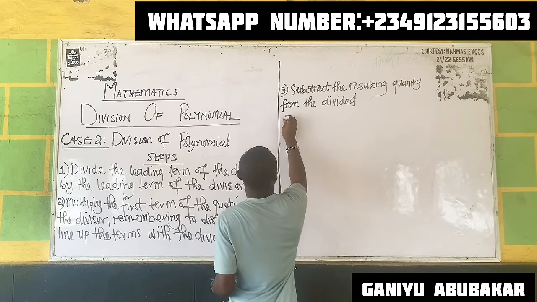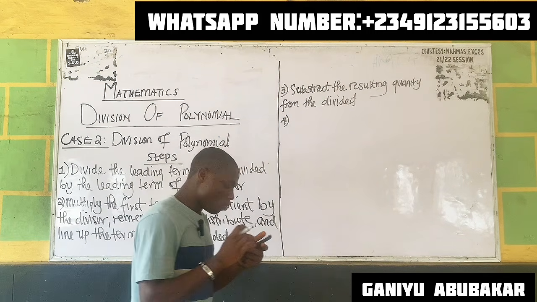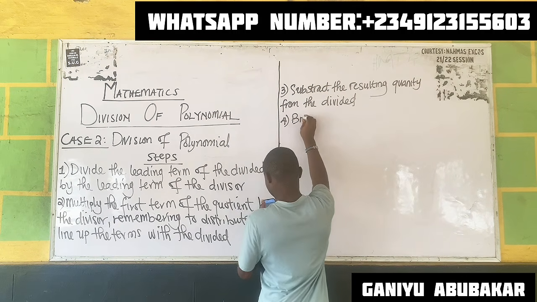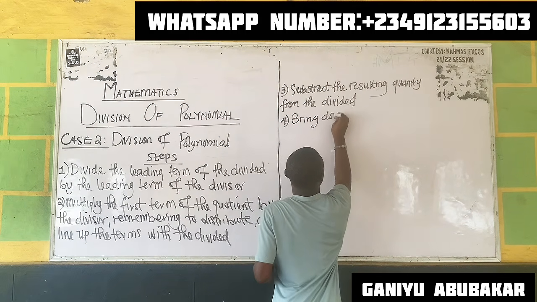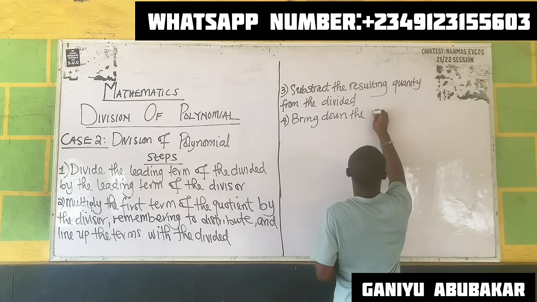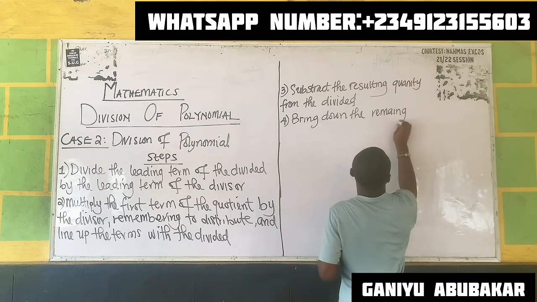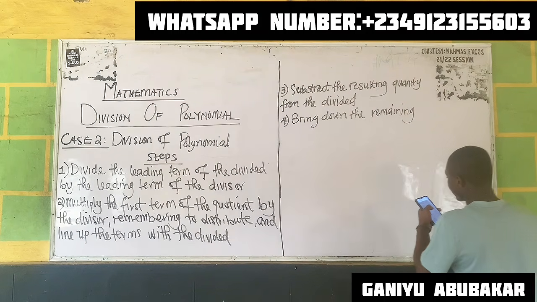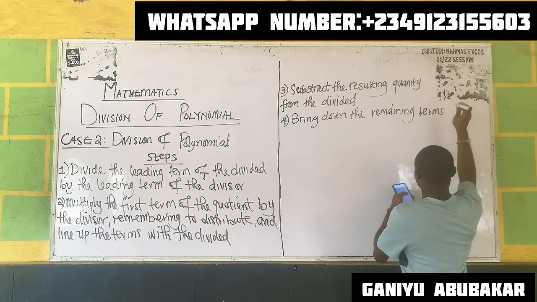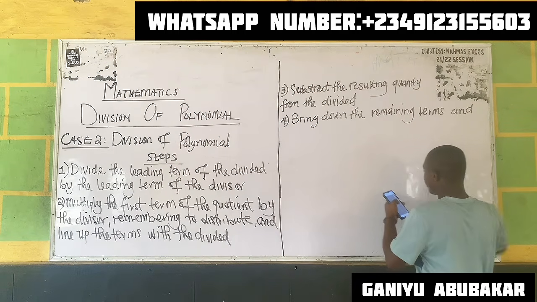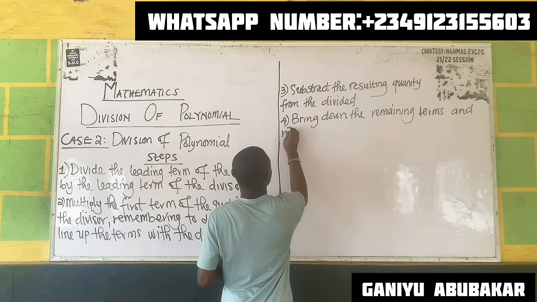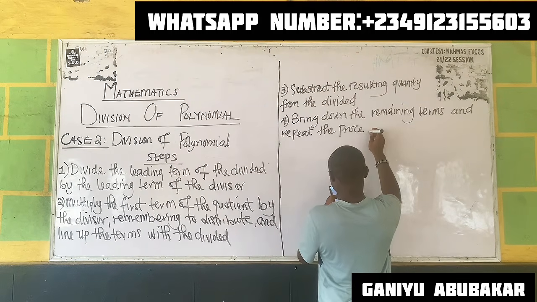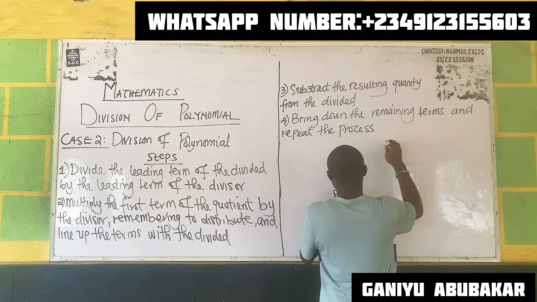Step 4: bring down the remaining terms and repeat the process from step 1.